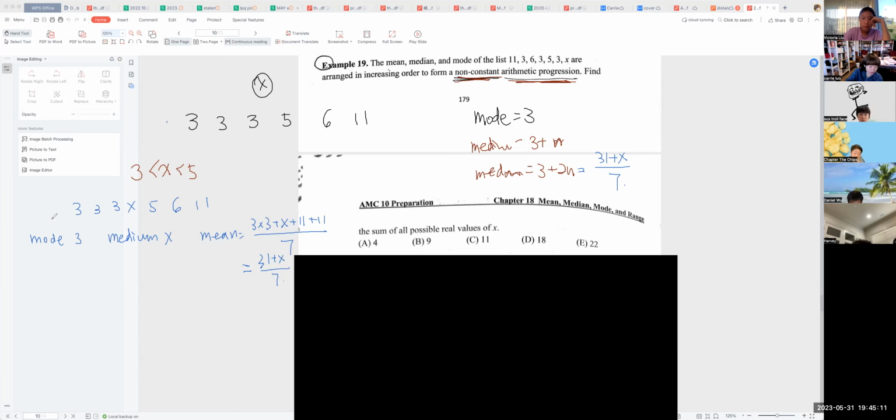Okay, so since they're arranged in increasing order, so we have 3, x, and 31 plus x over 7. Okay, so we have something like that. So in order to calculate this one, the differences of these two are the same because they're an arithmetic sequence. 是不是？什么叫 arithmetic sequence?